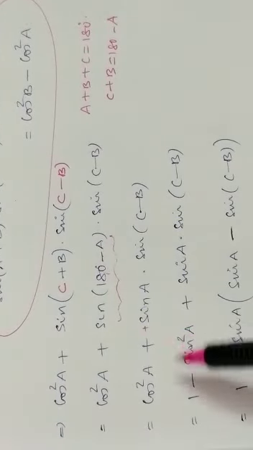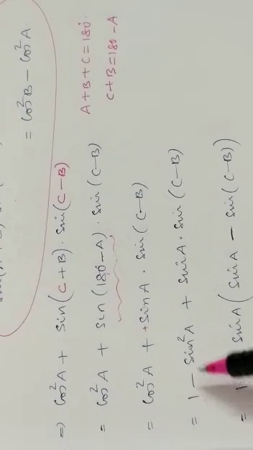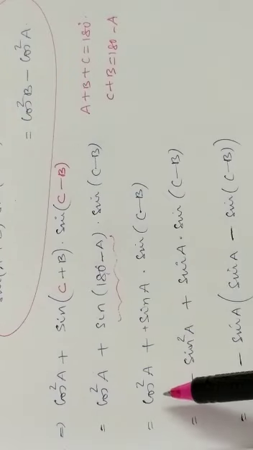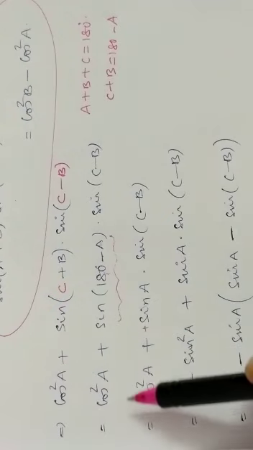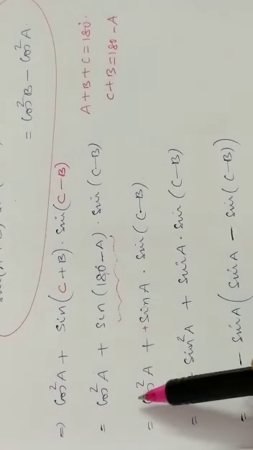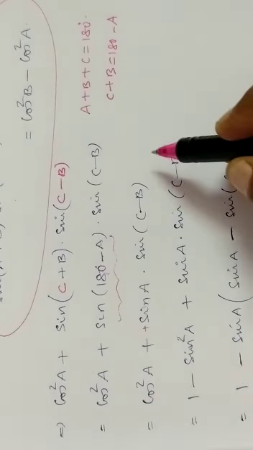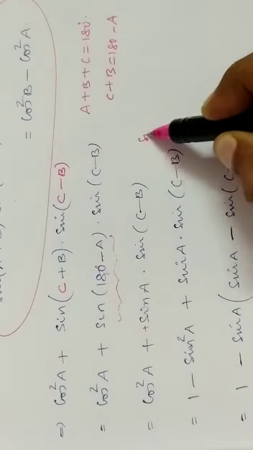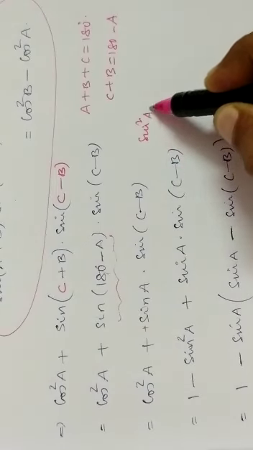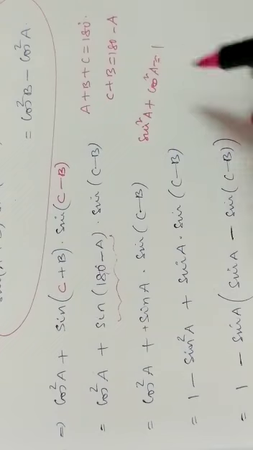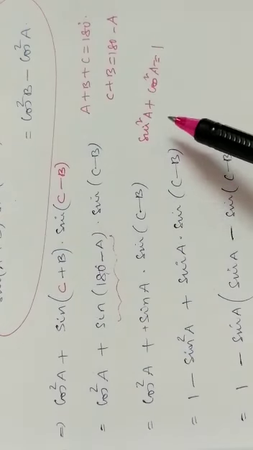Here, we need to take a common sin A, but here you are having cos square A. So you have to convert this cos square A using the identity. We know that sin square A plus cos square A equal to how much? 1. Sin square A plus cos square A equal to 1.